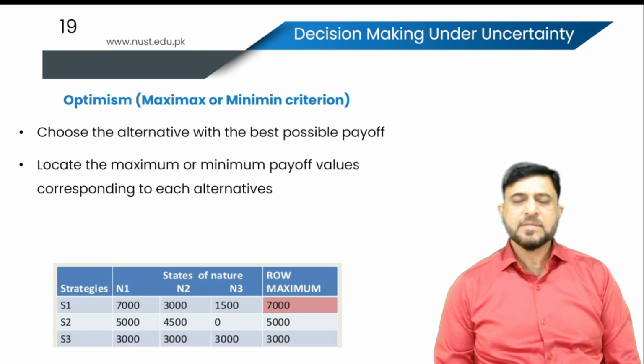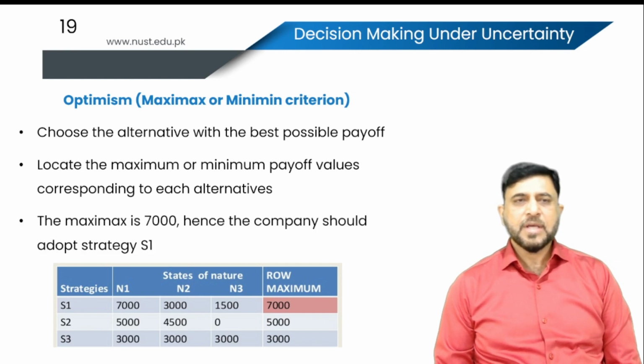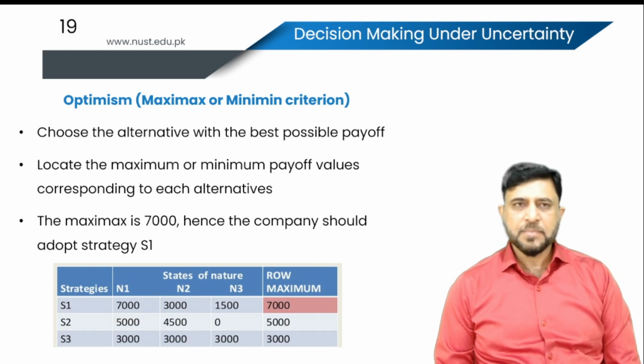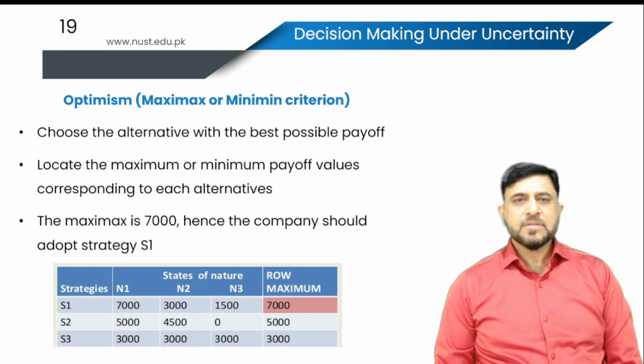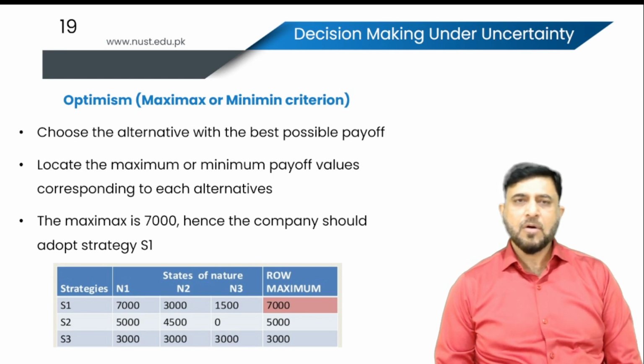It is called maximax. We have selected 7,000, so we will adopt strategy S1. The maximax is 7,000. Hence the company should adopt strategy S1. So this is the simple optimism criteria. But this was for the profit. If we are doing it for the cost, we can adopt the minimin criteria.